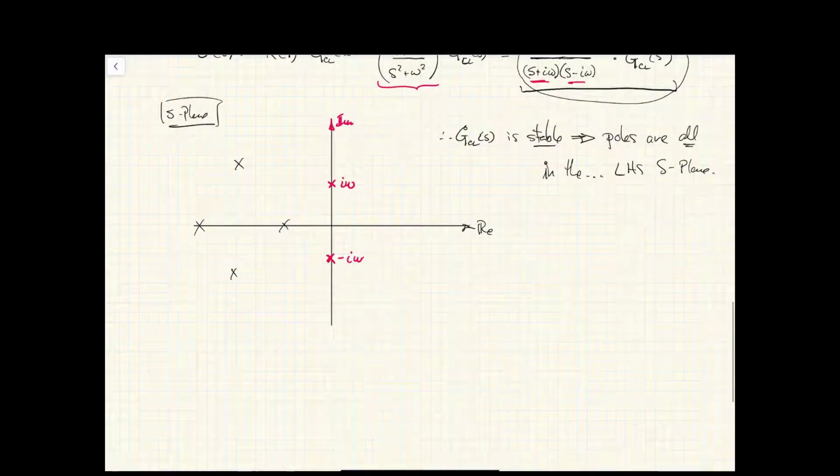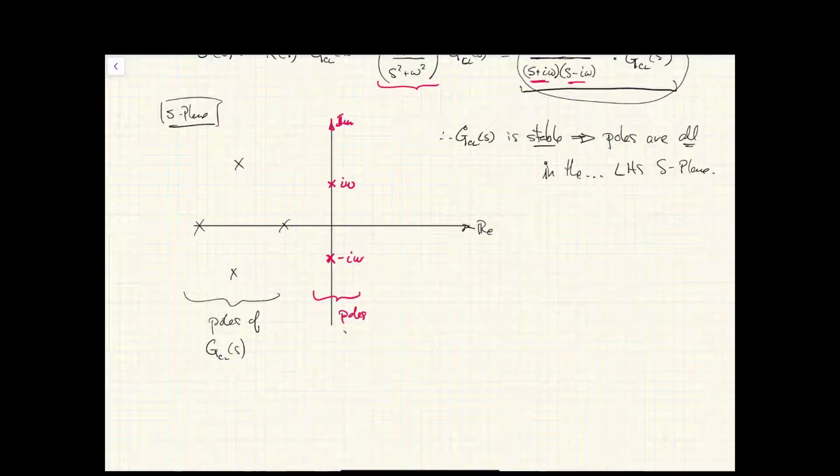So what do we know about this, right? Let's make that clear. These are the poles of the closed loop, and these are the poles of my input function. What we know from the poles of G closed loop, if they're all on the left-hand side the way I've got them for the stable system, is that they cause the response to die off after a certain amount of time.